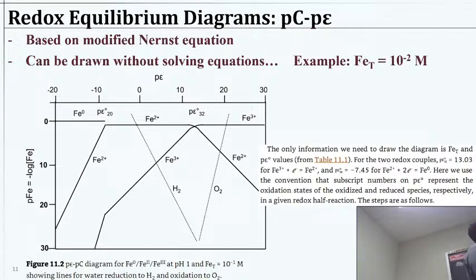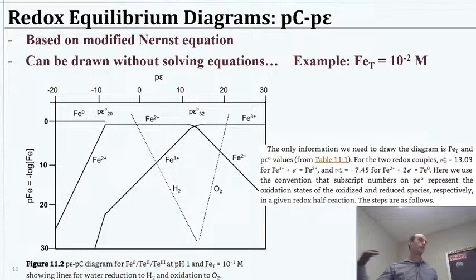We've got 2 types of diagrams to look at. One's the pC-pE, so that'll be the concentration of our species, in this example iron, versus pE. And the other one will be a pE-pH diagram, which has a few other names as well. We can derive this based on the modified Nernst equation, or if we wanted to derive it for pC versus E, we can use the regular Nernst equation.